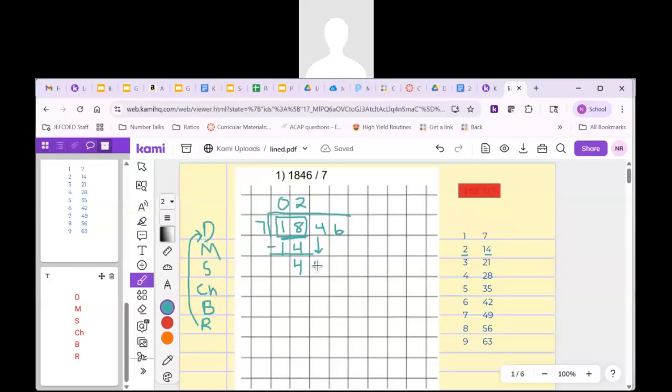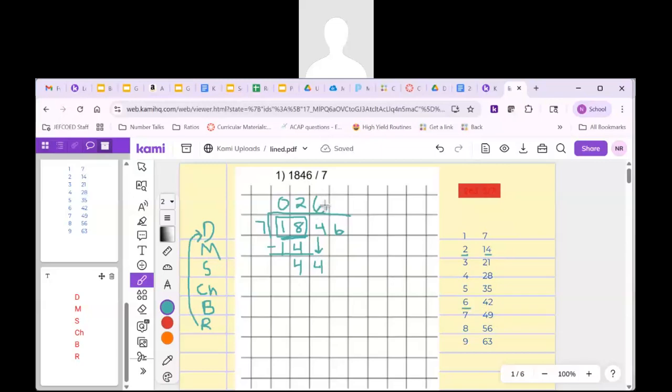So now I have 44. So the next step is to repeat, which means start over. Go back to division, which means go back to my fact box. I'm looking for a number 44 or less. 49 is too much. 42 is where I'm going to have to go. So that is 6. The 6 is what goes at the top, right?